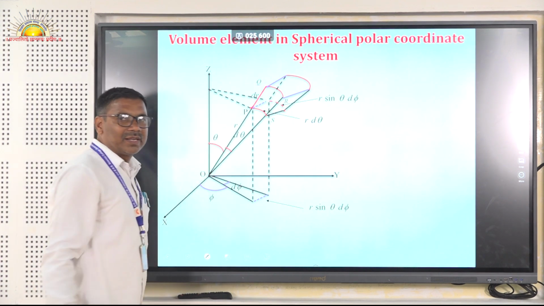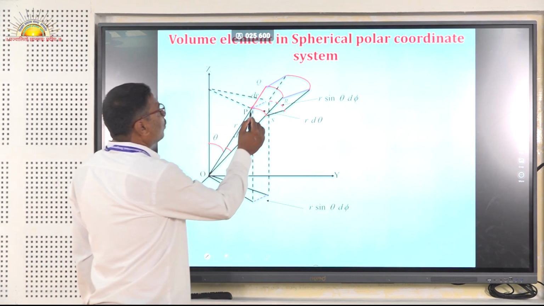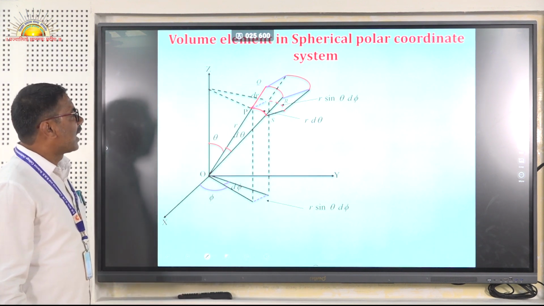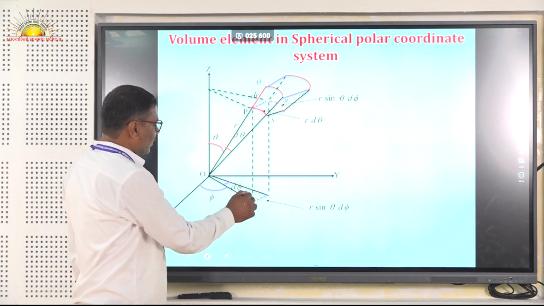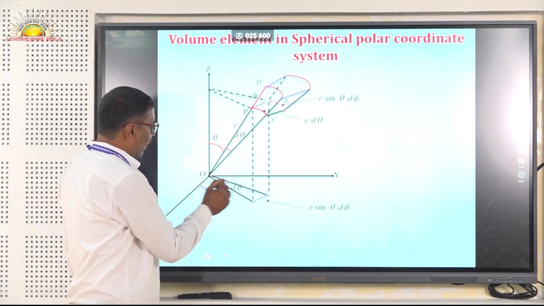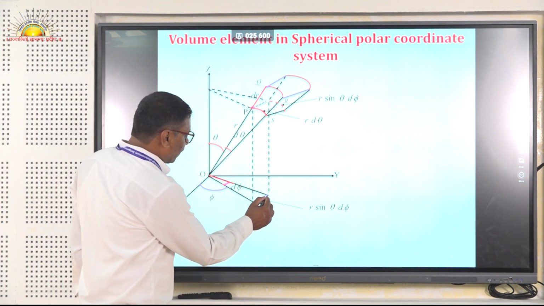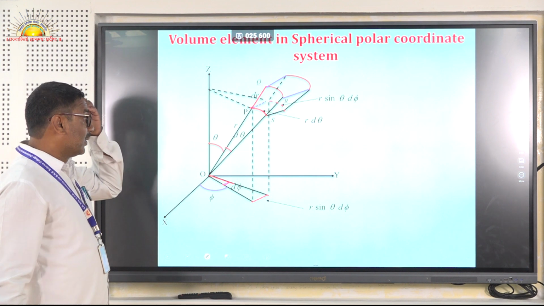If this angle theta changes by a small angle d theta, this change is over this arc PS. Now the angle phi, this is the angle phi, and the increment in angle phi is d phi. This increment is over this arc, and we want to find the length of this arc.